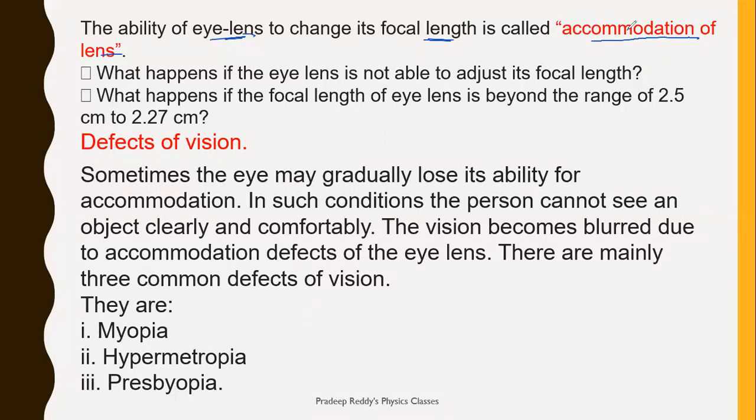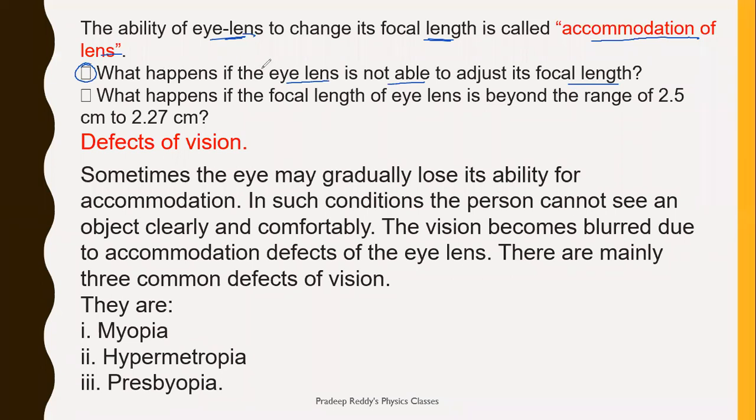Now there are a few more questions we need to answer. What happens if the eye lens is not able to adjust its focal length? That means this happens when your ciliary muscles are weakened. If your ciliary muscle gets weak, it will not adjust the focal length.